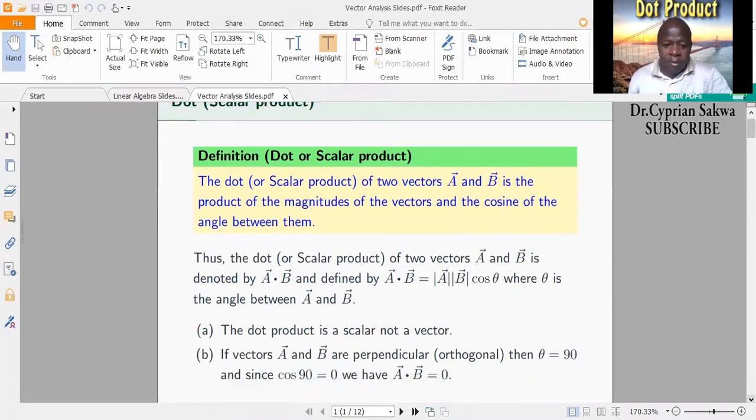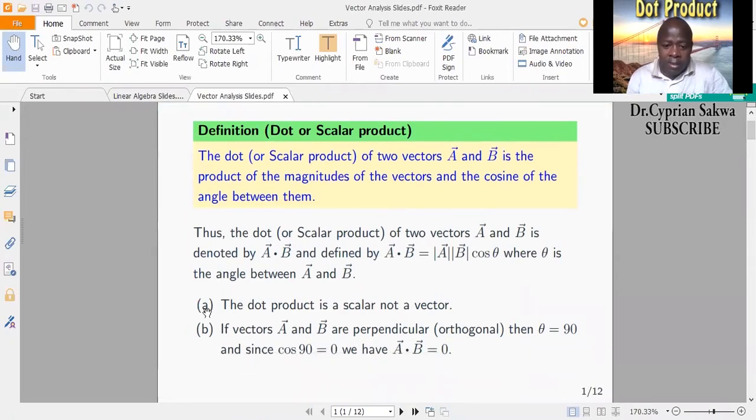Now, this formula is very important to us because, apart from giving us the dot product, we can also use the same formula to get the angle between any two vectors.